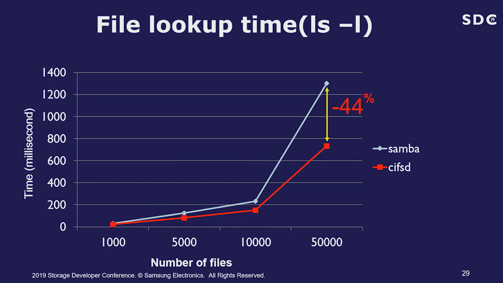Hard disk sizes grow every year, and there are users who store a lot of files in one directory. The speed of browsing files will be an important factor. So I use the ls command in the shell to compare file lookup performance. CIFSD was estimated to perform 30% to 44% faster than Samba.